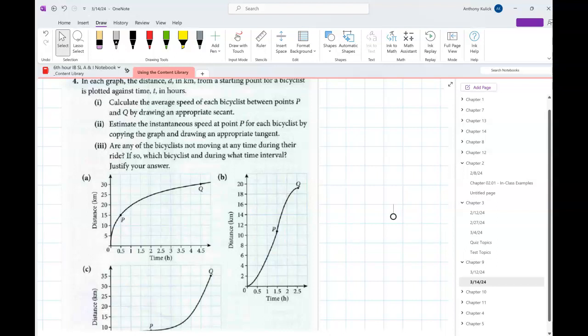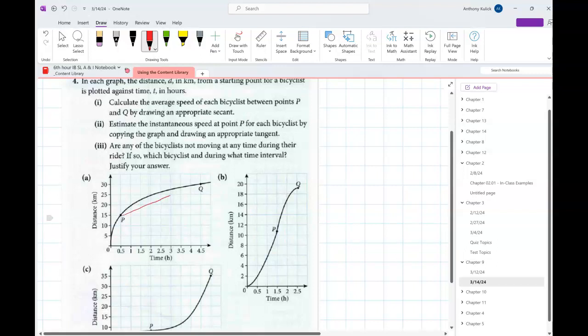What is a secant? Just the line between the 2 points. And then how am I actually going to do the calculation here? I'm just going to do slope.